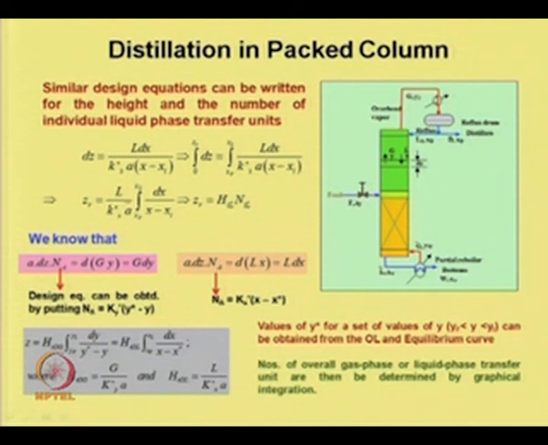HTOG is nothing but G by capital Ky dash a, gas flow rate divided by overall gas phase mass transfer coefficient. Similarly, Z can be obtained based on the overall mass transfer coefficient in the liquid phase, which is given over here. The values of y star for a set of values of y can be obtained from the operating line and equilibrium line, as we discussed before. Now, numbers of overall gas phase or liquid phase transfer units are then determined by graphical integration.